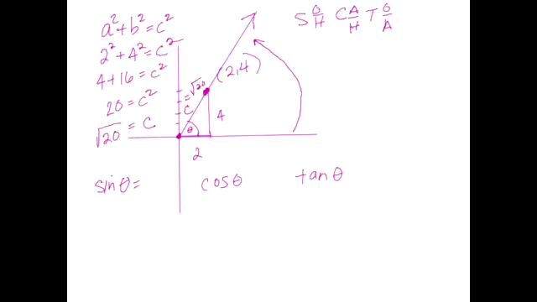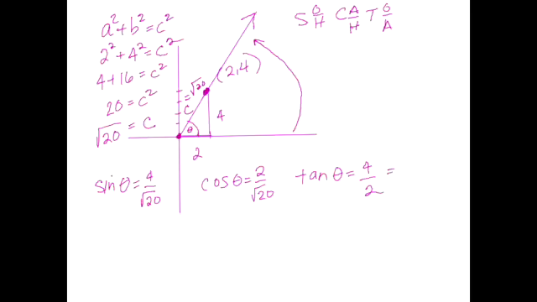Now I know that my distance C is the square root of 20. So when I'm looking at the ratio for sine, I know it's going to be 4 over the square root of 20. And then I know that my cosine is going to be 2 over the square root of 20. And my tangent is going to be 4 over 2. And that's great. We love that because that's equal to 2.